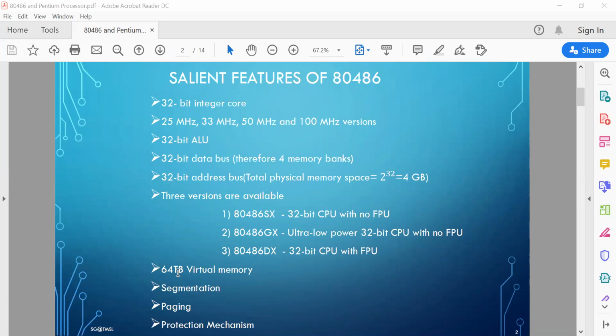So if one task or one program is being performed by the processor, it cannot go to another task or interfere with another program space. So it can be protected. If any system program is being executed at a certain time, then no application program can interfere with that system program, otherwise everything will be crashed.